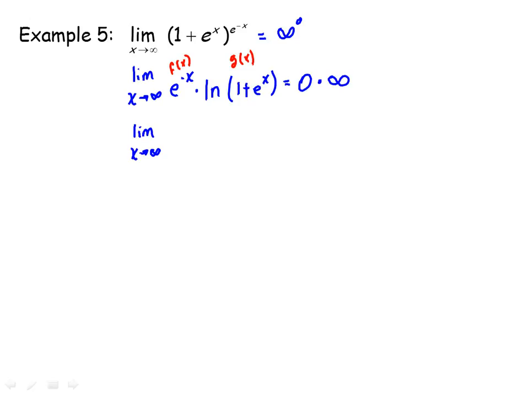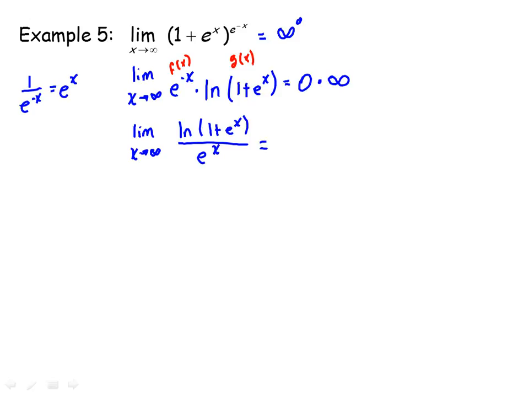So let's do ln of 1 plus e to the x over 1 over e to the negative x, because that's what we're going to have. What is 1 over e to the negative x? Right. If you have a negative on the bottom, you push it to the top. Negative on top, you push it to the bottom.